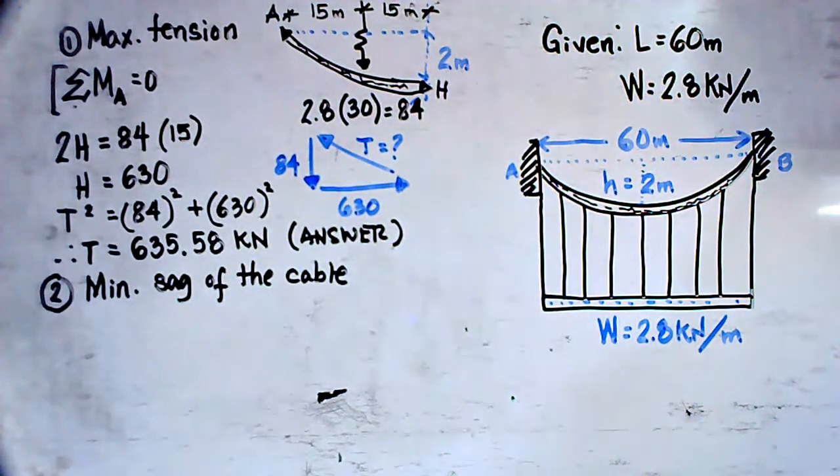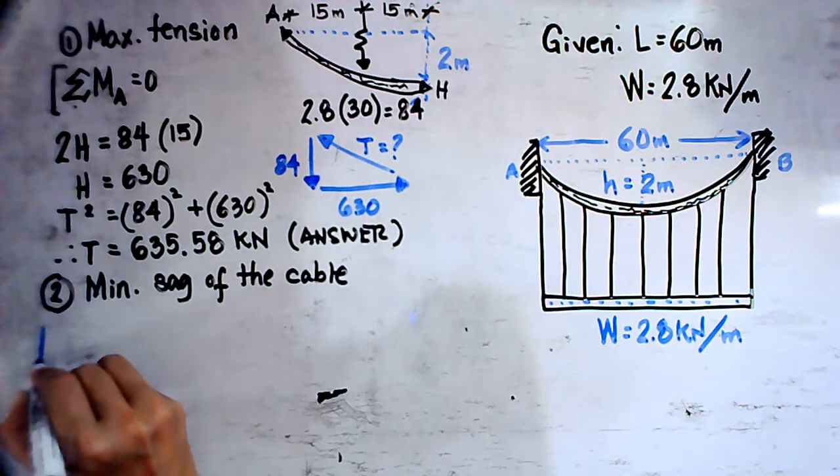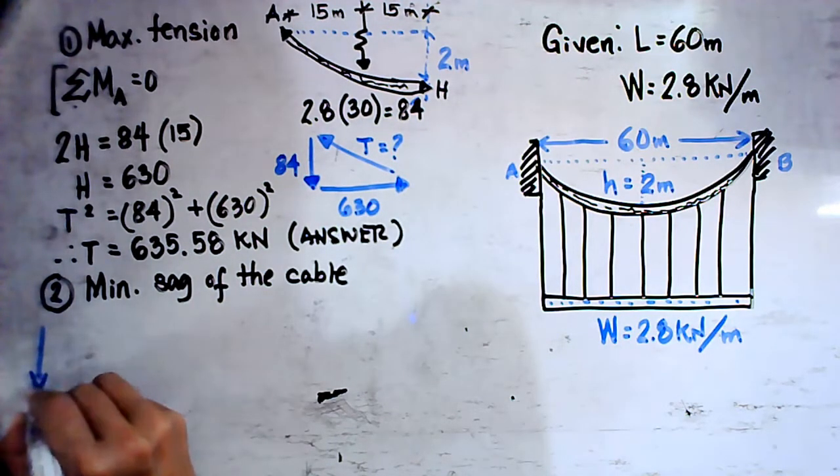So if you are going to take note according to the problem, the allowable tensile load in the cable is 1,100 kilonewton.